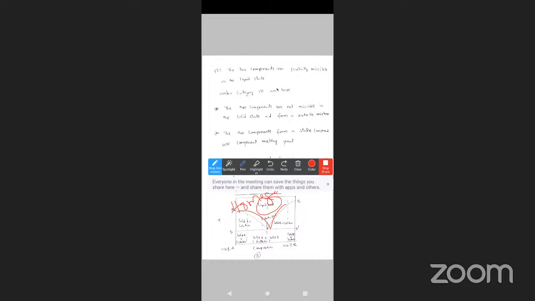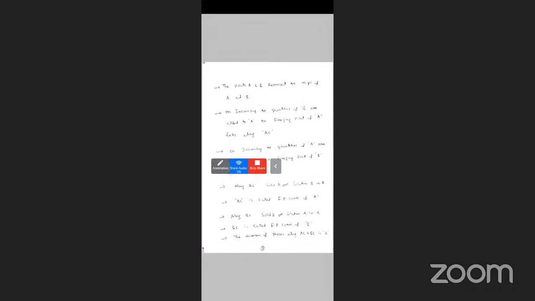Here P equal to 1, so the number of phases is 1. Which area? The areas above curves AC and BC, where the two components are present as a homogeneous liquid solution. So P equal to 1.